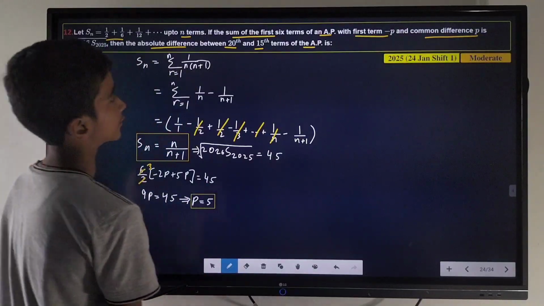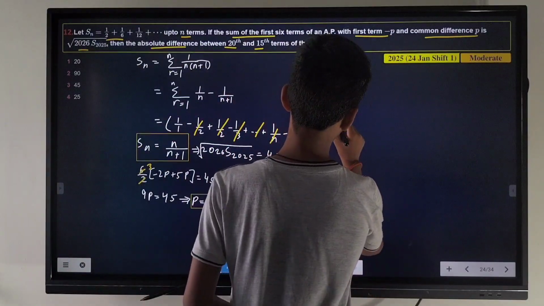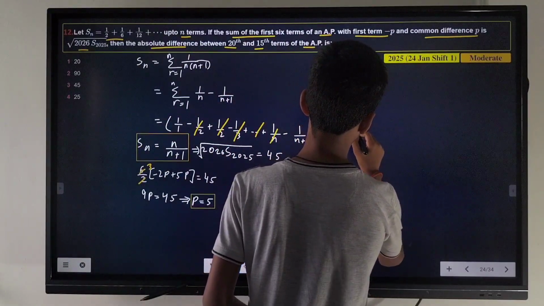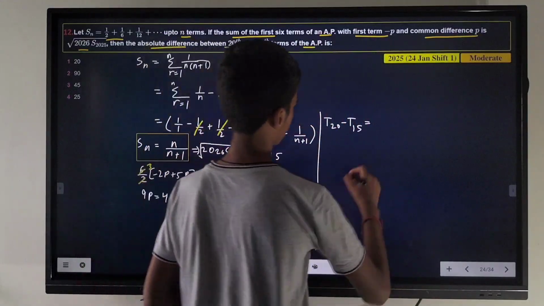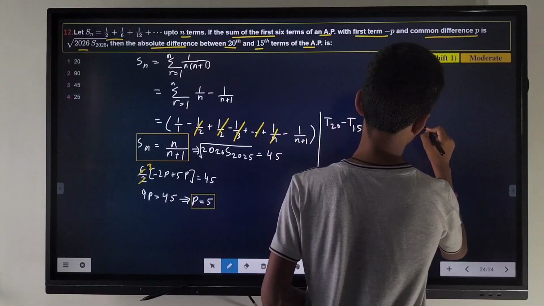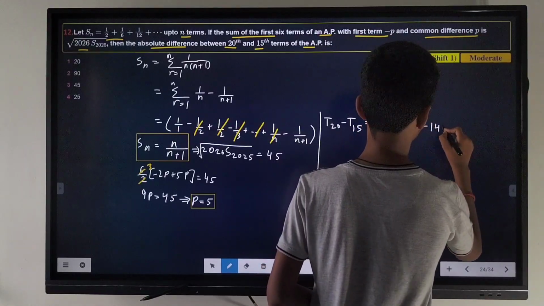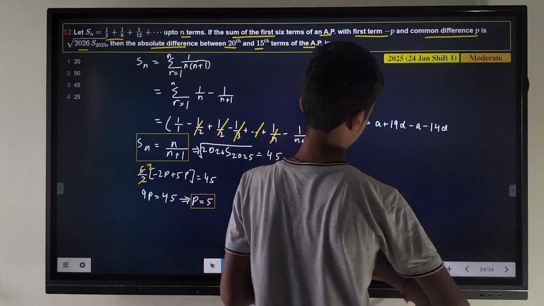So we have our value of P. So our 20th term minus 15th term is equal to A plus 19B minus A minus 14B. So A and A will get cancelled out.